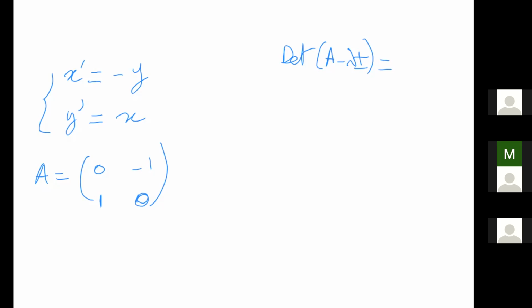It's 0 minus 1. X prime equals 0 times x minus 1 times y. First line will be 0 minus 1. The determinant will be lambda square plus 1.